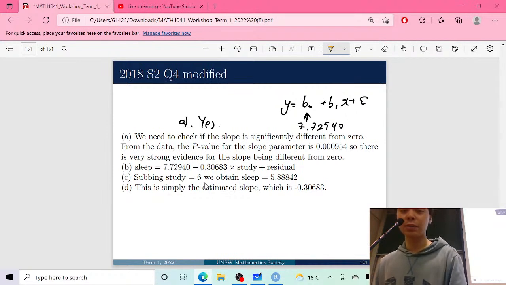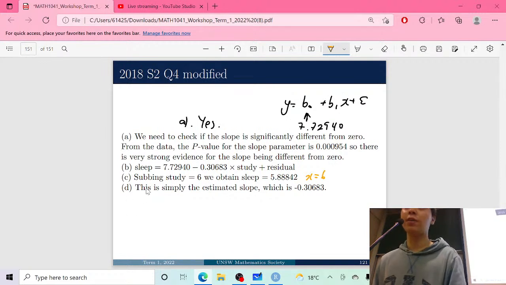If study was equal to 6, then we can substitute everything into this expression, and we get sleep of 5.88842. So here we just go x equals 6, and once we get that, we get what y is, which is your sleep.